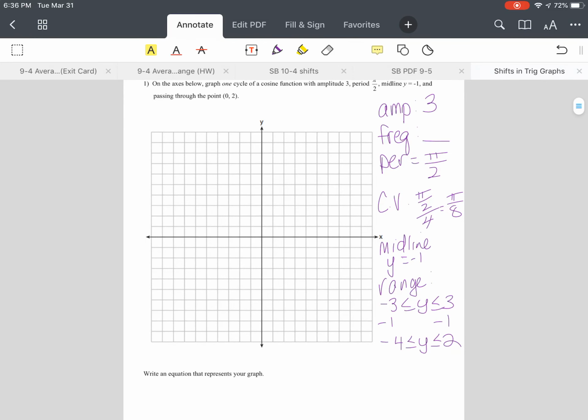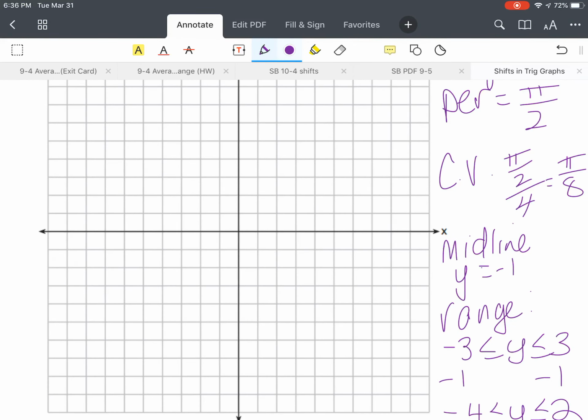So let's set up our y's. I'm just going to go by 1. So 1, 2, 3, 4, 5. Okay. So my midline is at y equals -1. So that's going to be here.